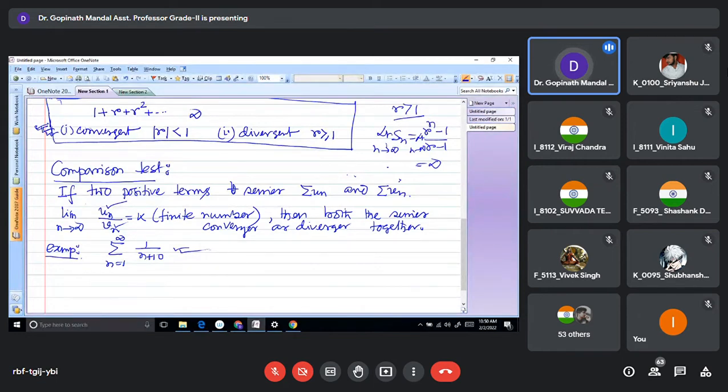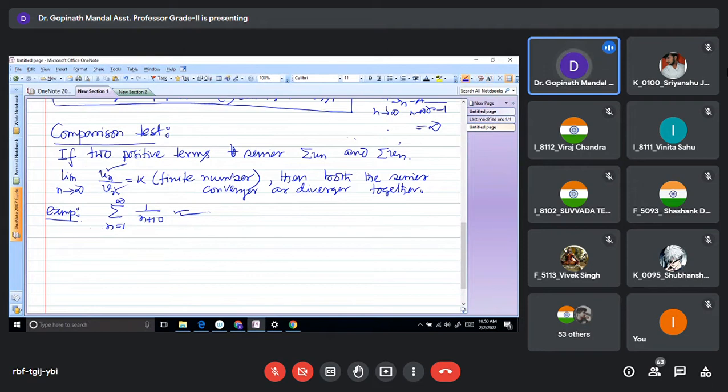Now by the comparison test, take un equal to 1 by n plus 10, and take the series vn with nth term vn equal to 1 by n.